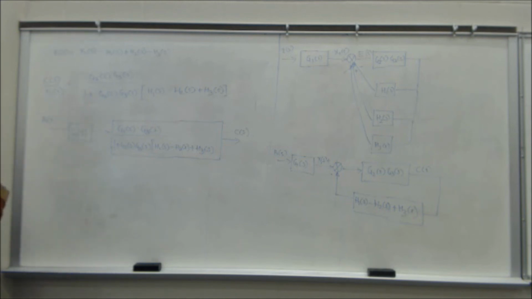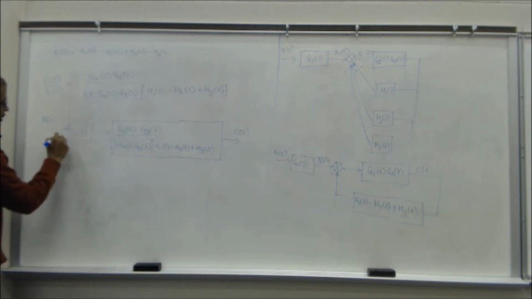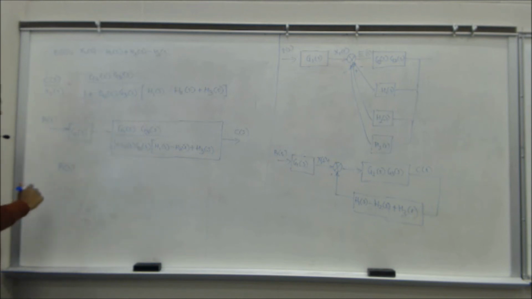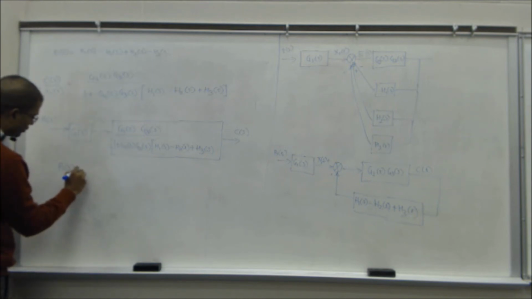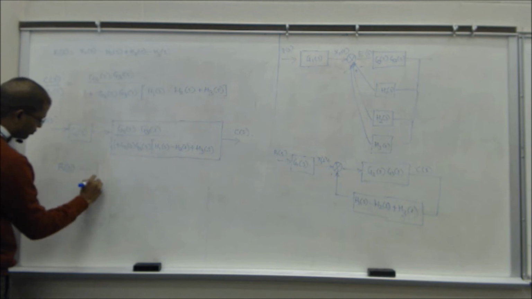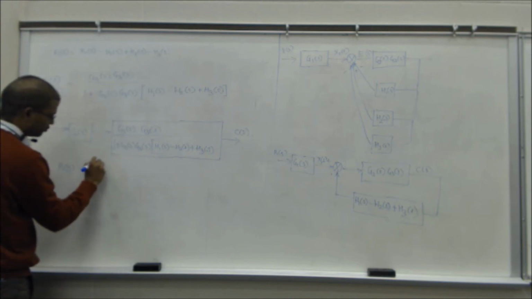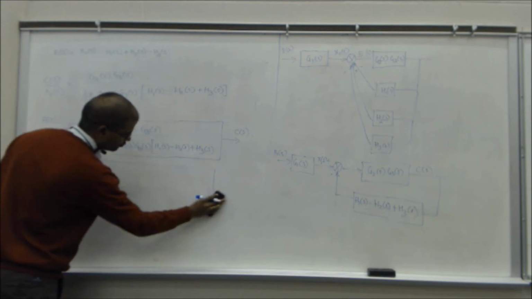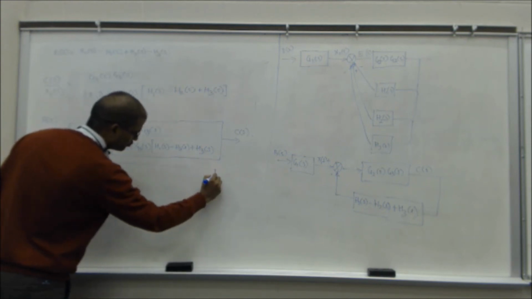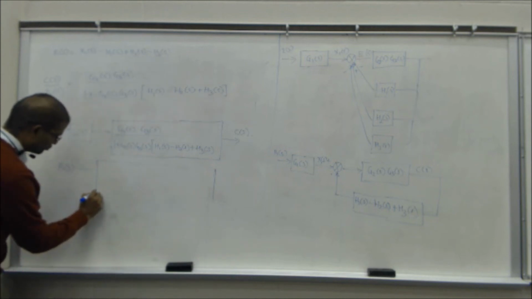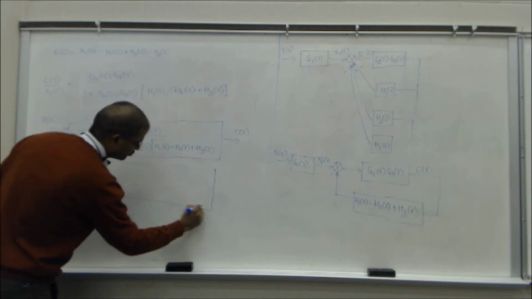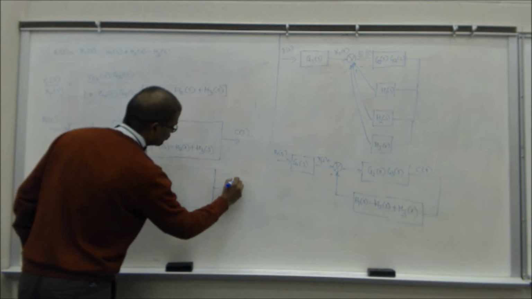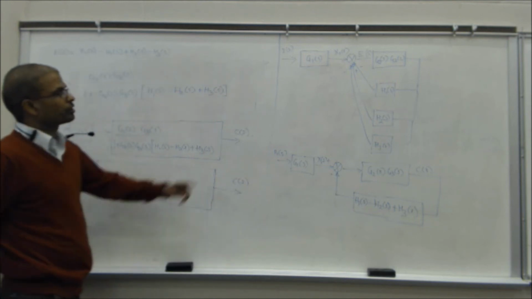So ultimately what is your C of s over R of s? It's fairly simple. These two systems just cascade, right? I just introduced another signal out here.